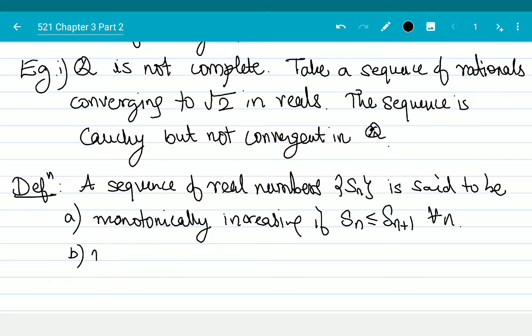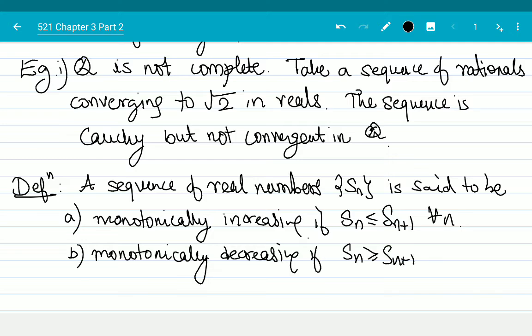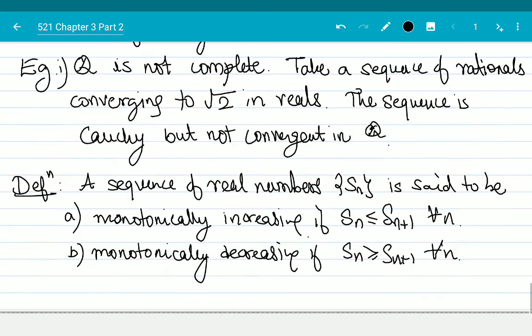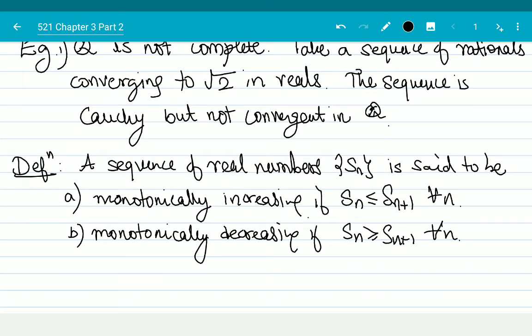Or it is called monotonically decreasing if Sn is greater than or equal to Sn plus 1 for every n. Okay? It is said to be monotonic if it's either monotonically increasing or monotonically decreasing.